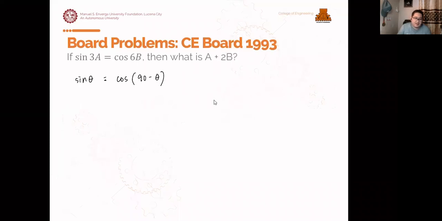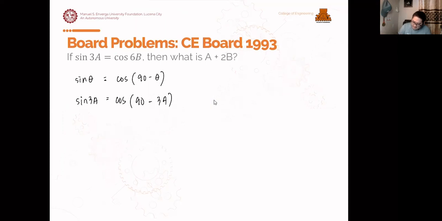So, ibig sabihin, if we have an angle na sine 3a, pwede natin i-represent ngayon si kabilang side as cosine 90 minus 3a. Okay?